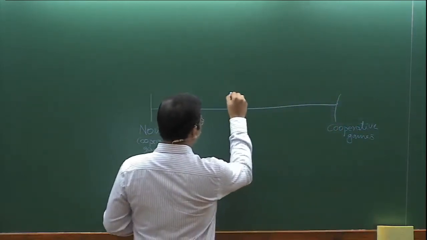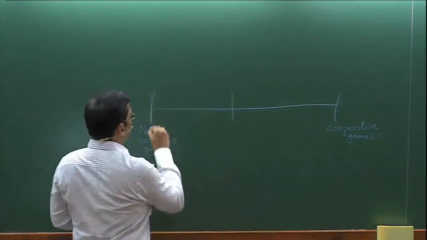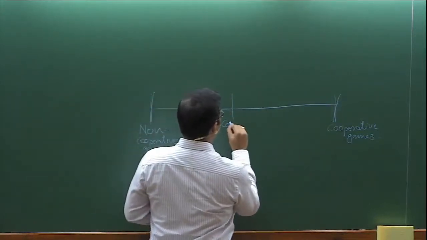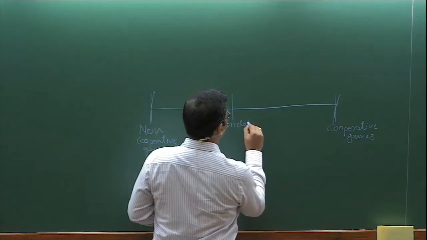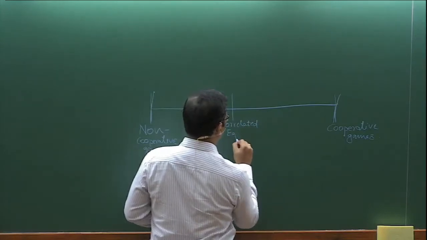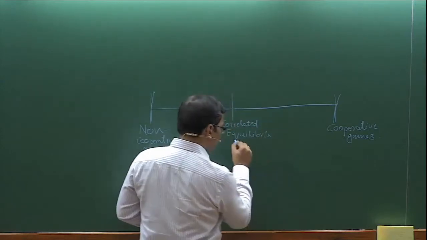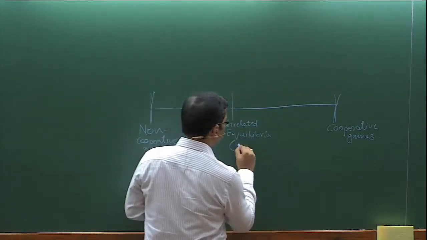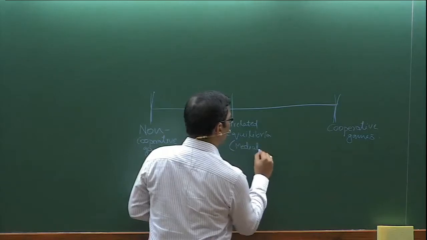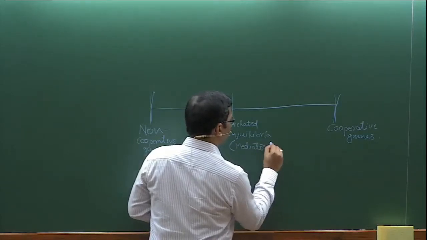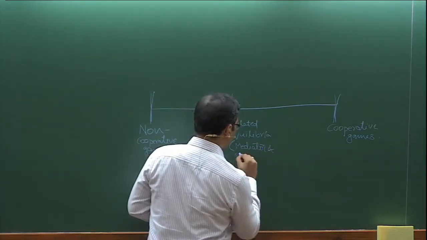In the middle, we have all these things, so correlated equilibria. In this case, we assume the presence of a mediator, and without any binding agreements.